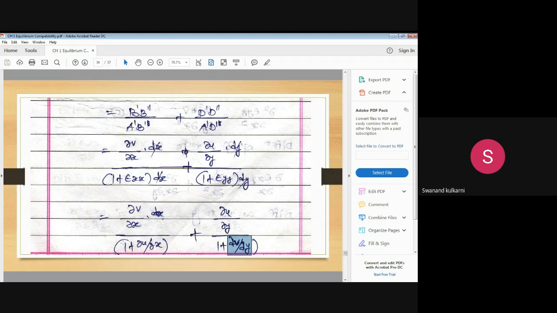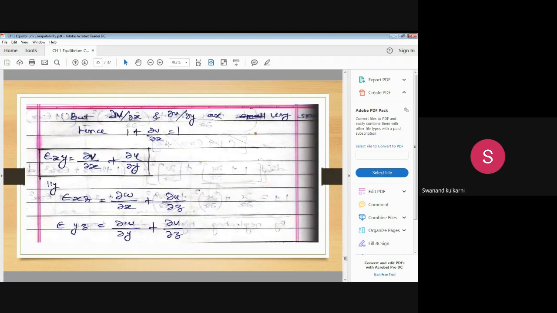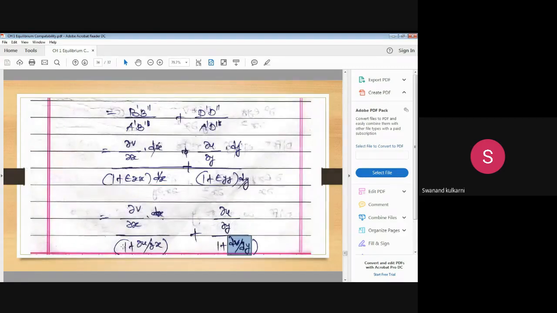So what will this become now? ∂v/∂x, and here divided by 1, because this is a very small part, neglected. ∂v/∂x upon 1, ∂u/∂y upon 1. What it means is that the denominator is equal to 1, and by considering the denominator as 1, here we can consider them as ∂v/∂x plus ∂u/∂y.